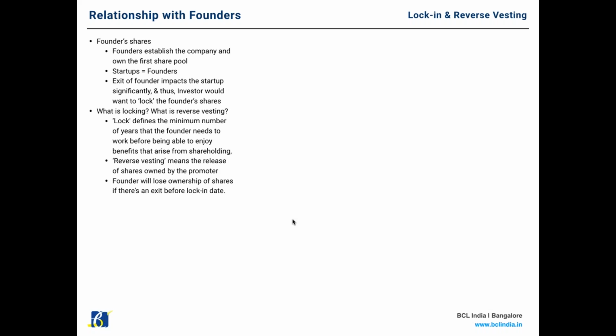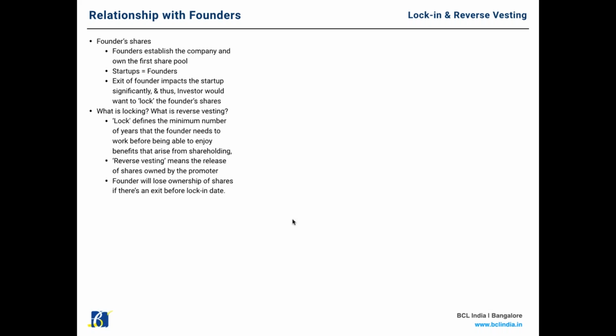So the first one is lock-in and reverse vesting. Lock-in basically means the minimum number of years that a promoter will have to spend in the company so that the shares can be released. Now, lock-in and reverse vesting are connected. It means that during the lock-in period, the shareholder promoter cannot get any access to the benefits that can be derived from those shares.